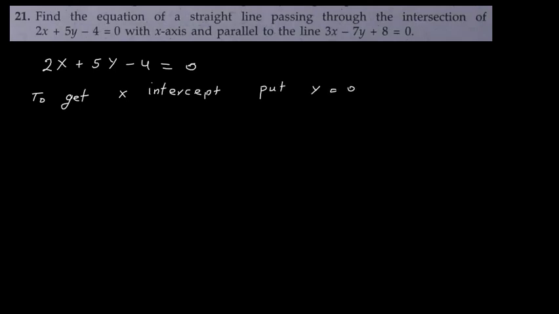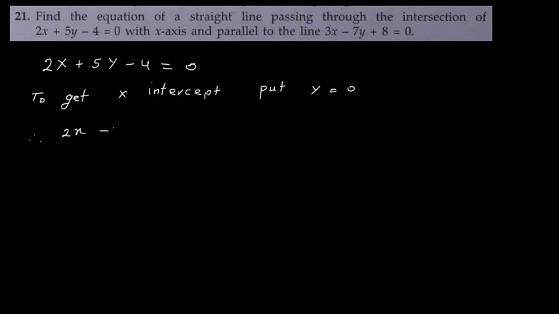So here, 2x + 5y - 4 = 0. I have to find where this line intersects the x-axis. To get the x-intercept, we put y equal to 0.